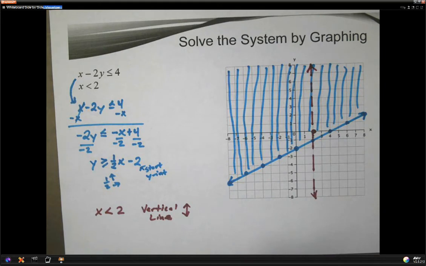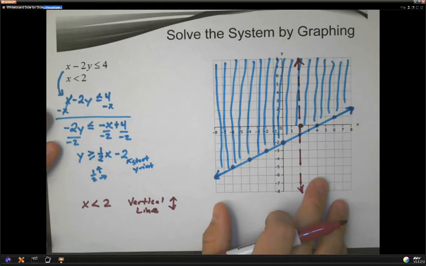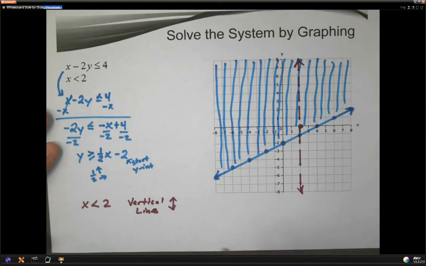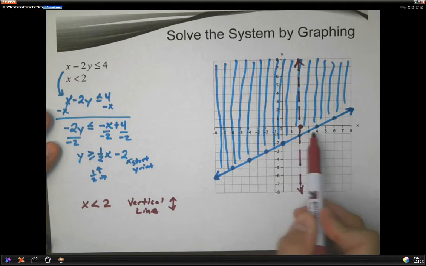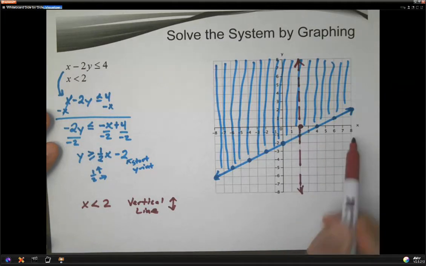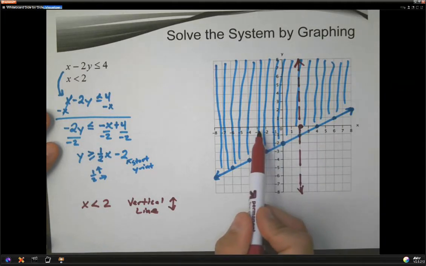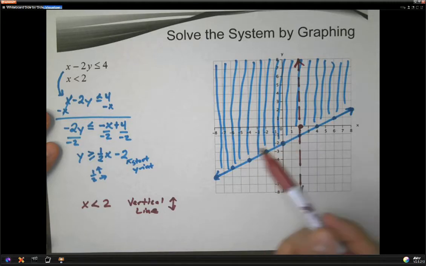And then lastly, we determine which way to shade. Now it is less than, which would mean below, but I don't really have a below here. So that might throw you off. But again, think of the x values. It says x is less than 2. So when I look at the x values, which ones are less than 2? 3, 4, 5, 6, 7, 8? Or 1, 0, negative 1, negative 2, negative 3? Obviously, the values to the left of 2 would be less than 2.